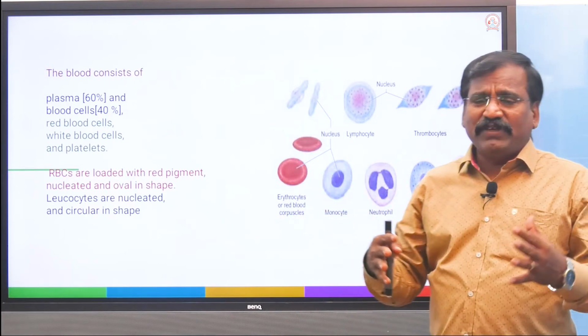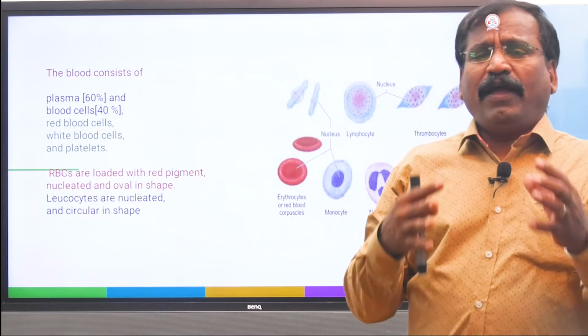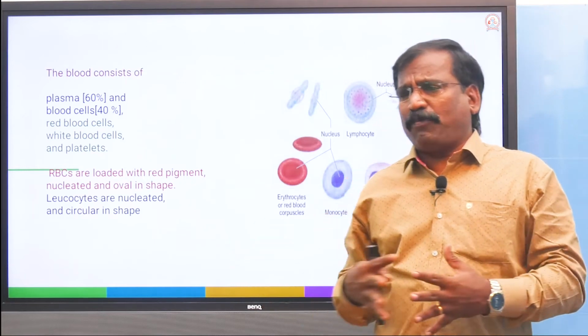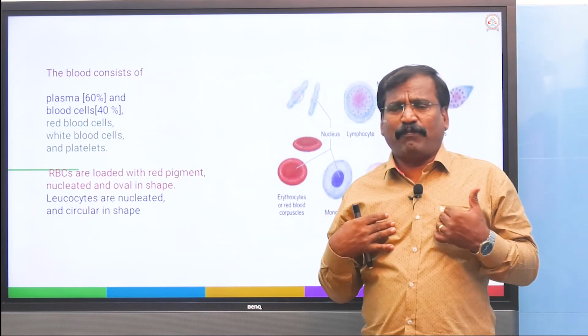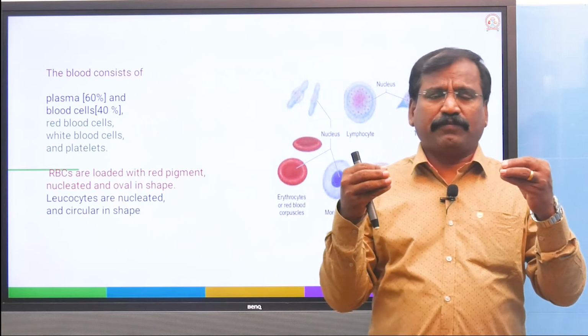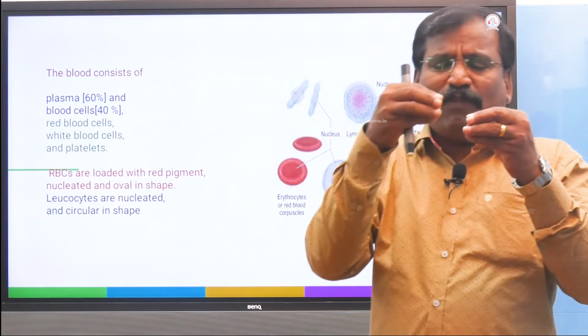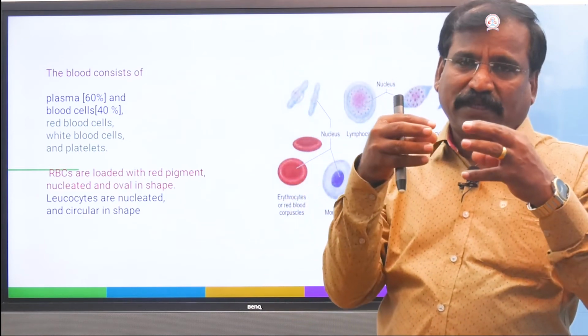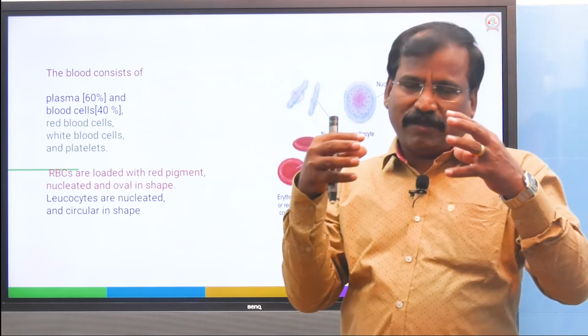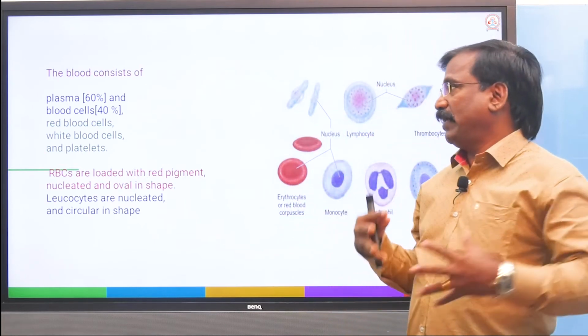Blood is composed of plasma and blood corpuscles. Plasma is a liquid component, and in that liquid component, the blood corpuscles, RBC, WBC, are found, bathed in that fluid.